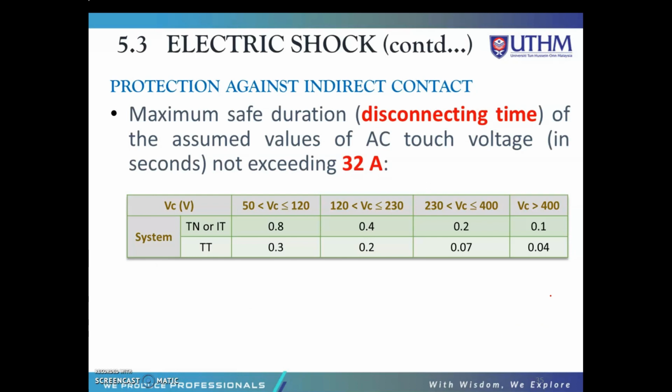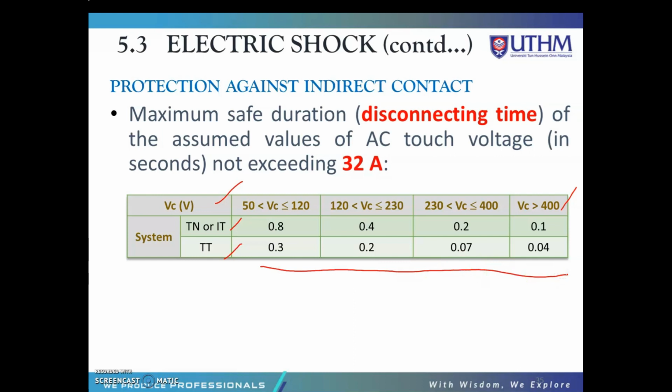So the maximum safe duration, which is the disconnecting time of the assumed values of AC touch voltage in seconds, not exceeding 32 amps, is shown in this table. Here we have the touch voltage, then the earthing system, either TN or IT or TT, and this is the disconnecting time in seconds.